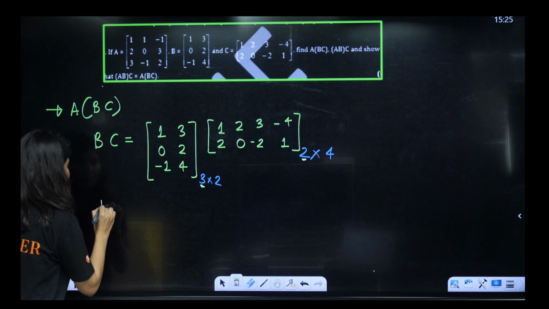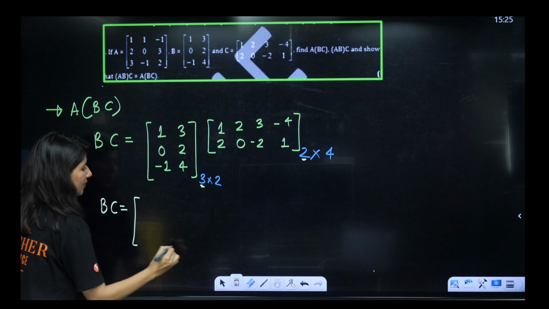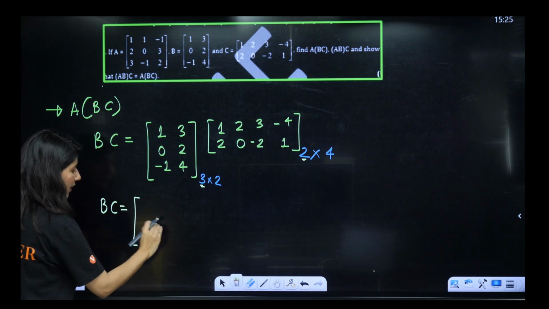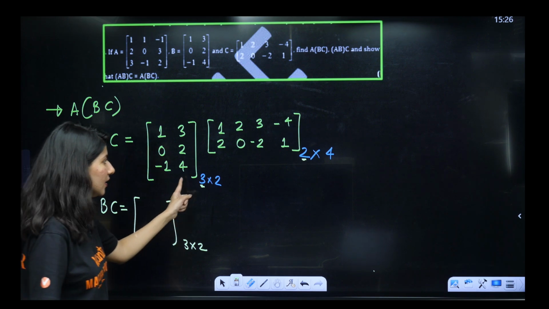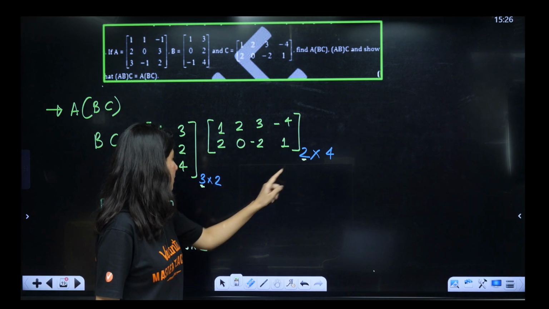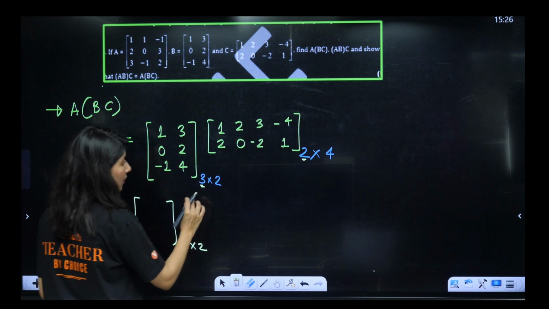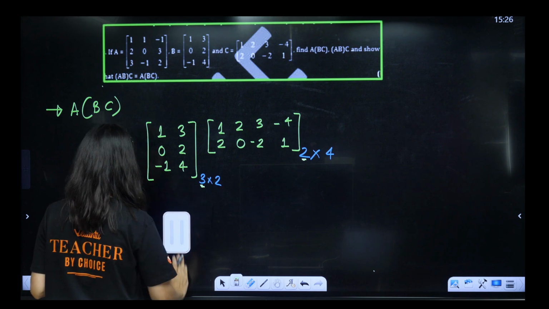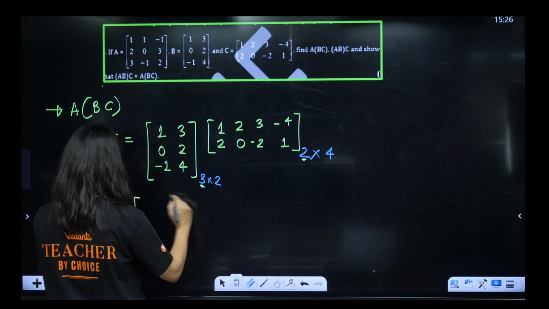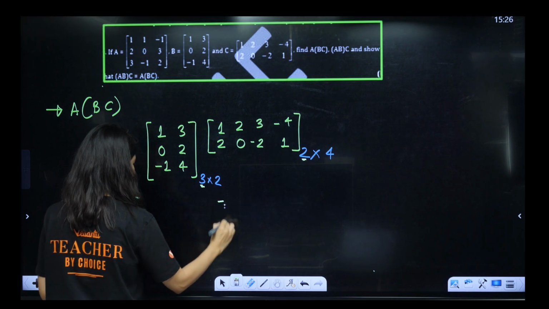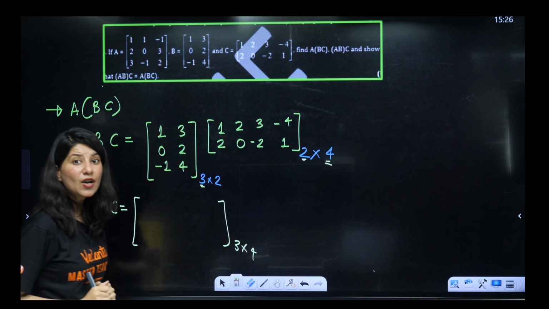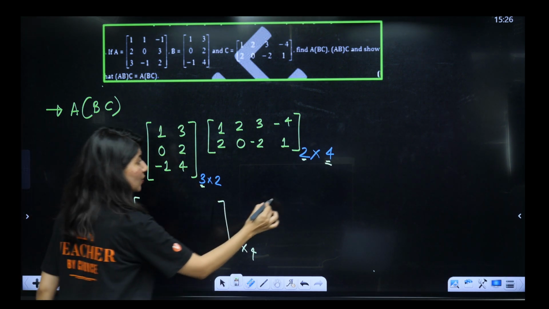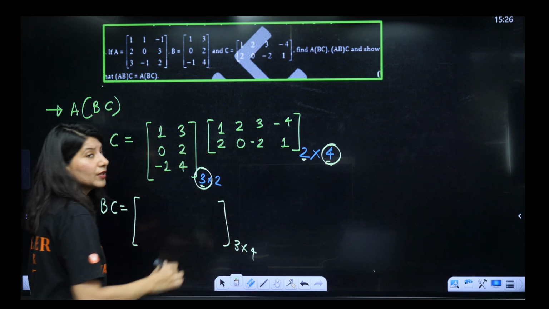Let's solve for BC. Not 3 cross 2, 3 cross 4. So 3 rows, and the columns will be 4. 3 cross 4 will be the order of the final matrix. Understanding or not? This is how you calculate order.